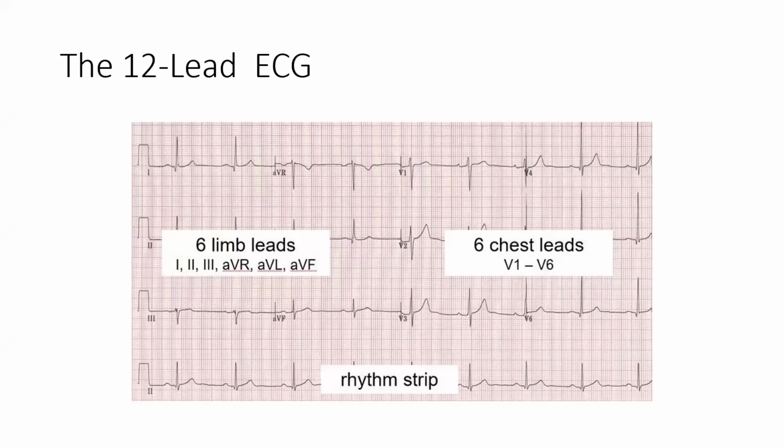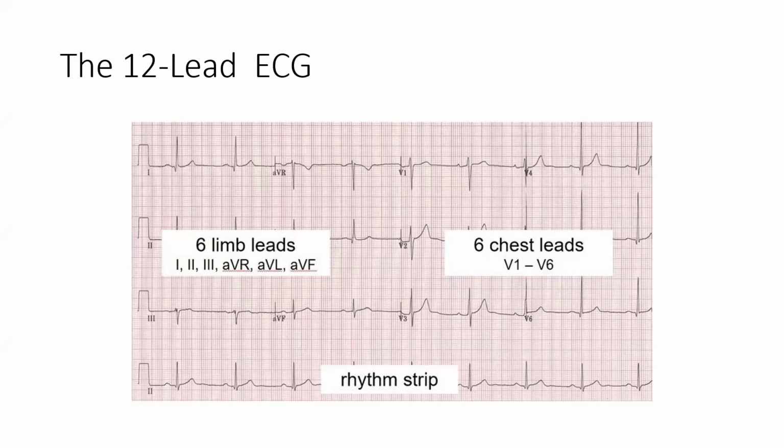So most, if not all of you, have seen a 12-lead ECG. Why is it called the 12-lead ECG? It is called such because it offers 12 different views of the heart. It is obvious that 12 different views offer more advantage than a single view.